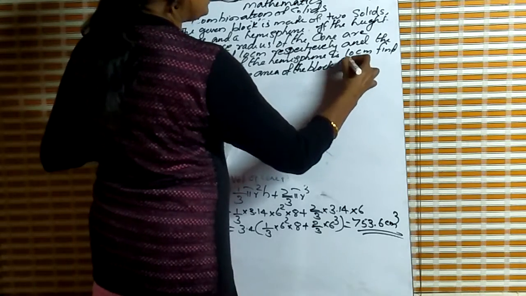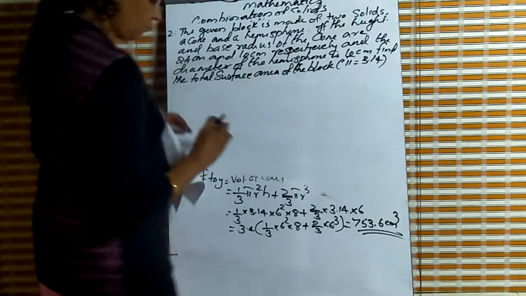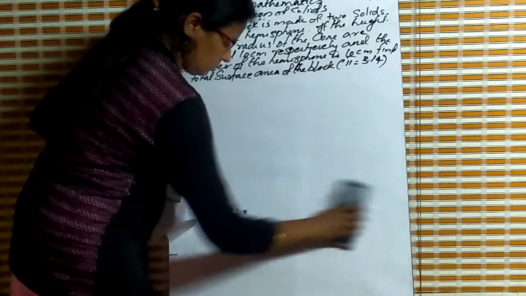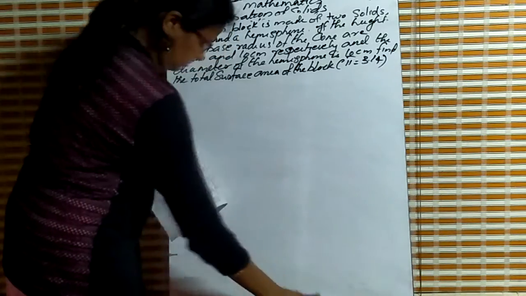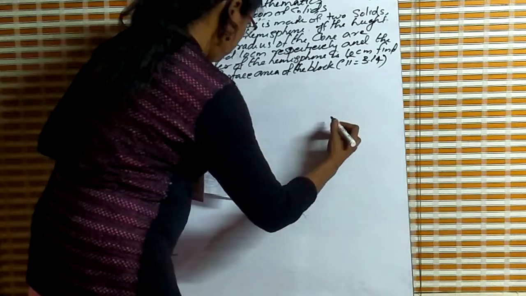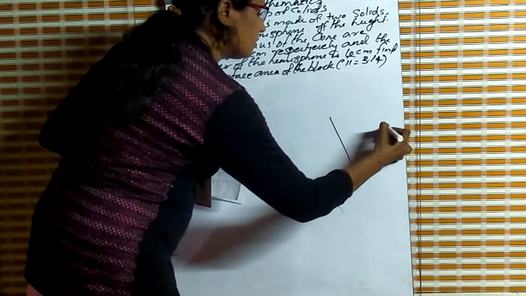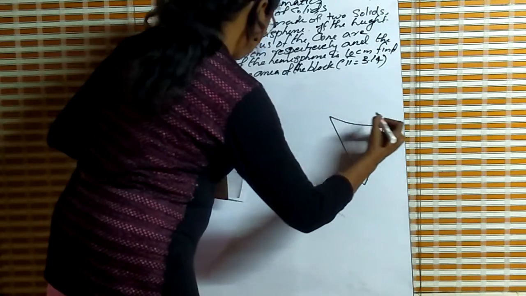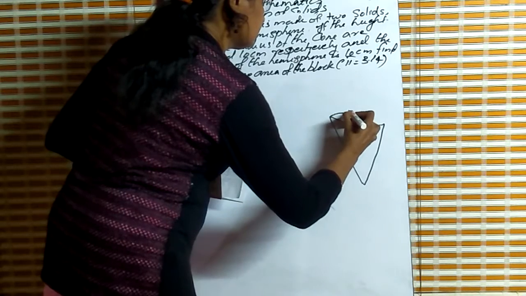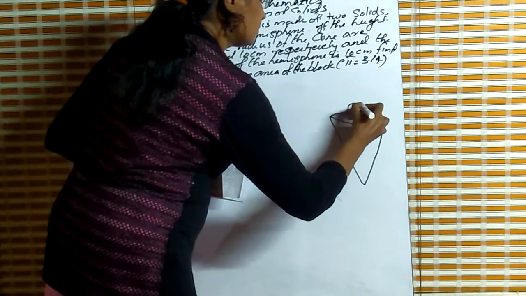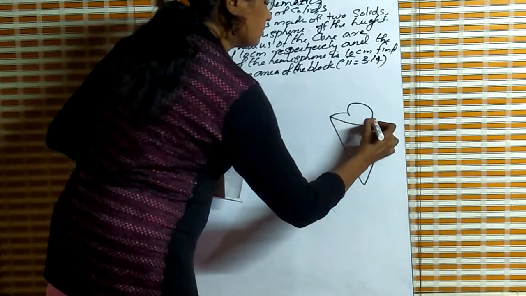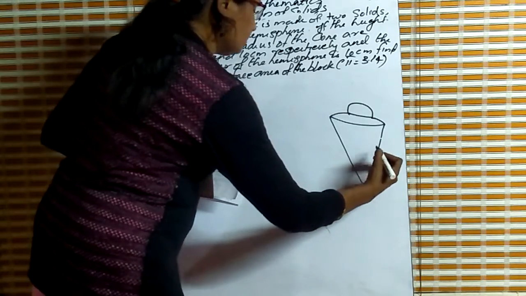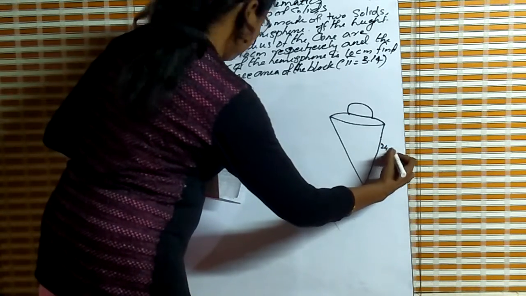In bracket, use pi is equal to 3.14. Here the figure. Height 24 centimeter.